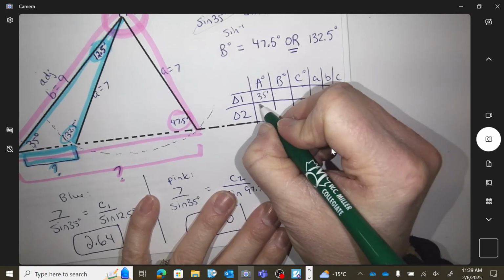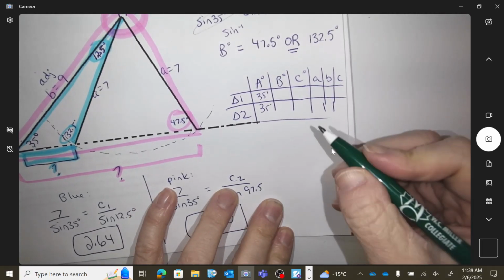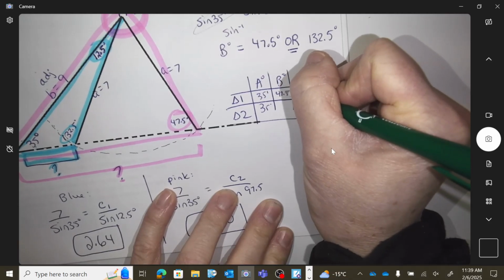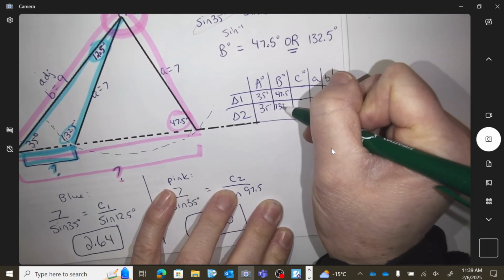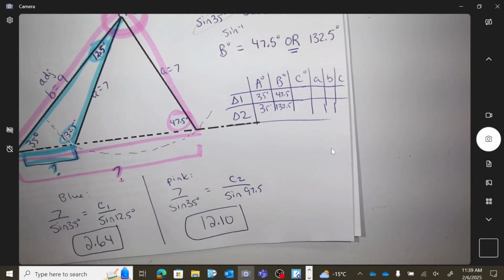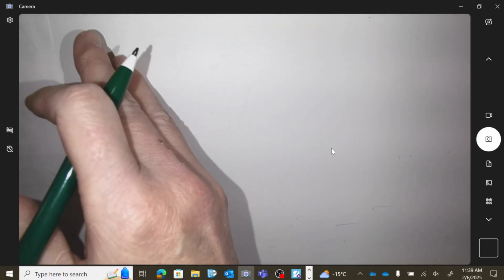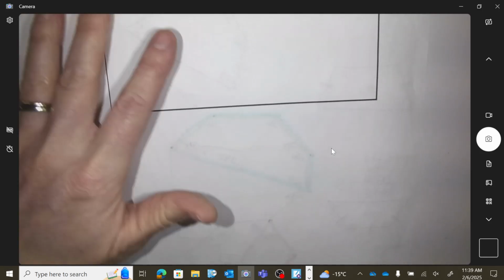They both had 35 degrees. Angle B was 47.5, 132.5. Okay, you know what I mean? You could make a chart like that if you really wanted to. That's one idea. Okay. So there's one hint if you want, either colors, just drawing, or charts.